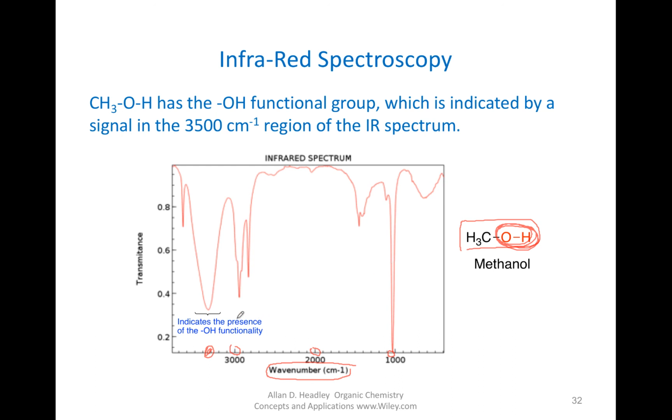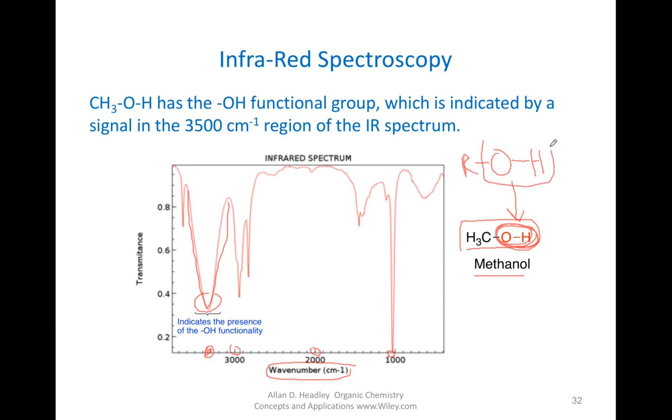So the instrument quickly recognizes that excitation and gives a signal. So here is the signal. So the bottom line is, if you have a molecule such as methanol, which has the OH functionality, notice the OH functionality here. So this could be an R group bonded back here.